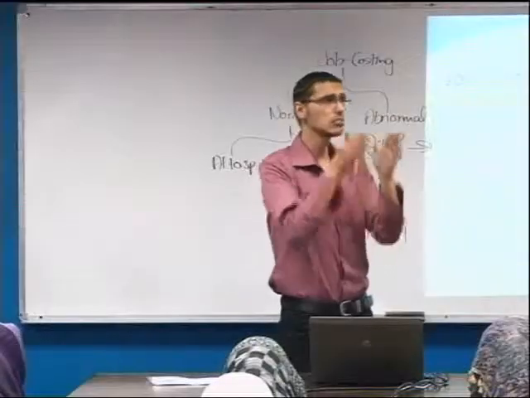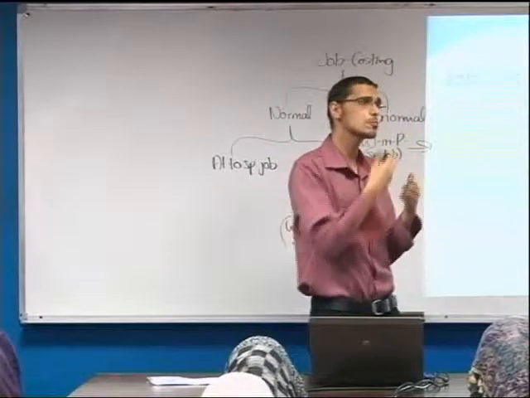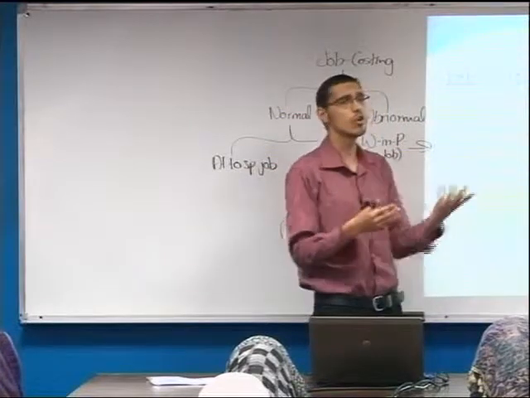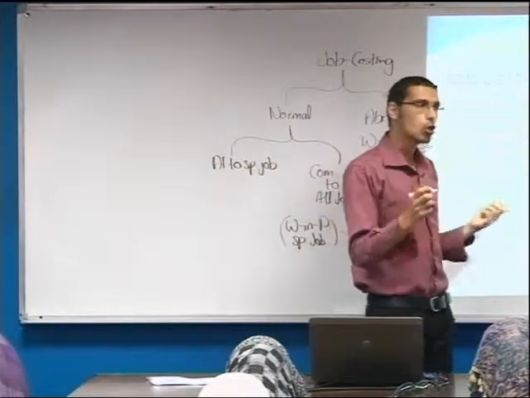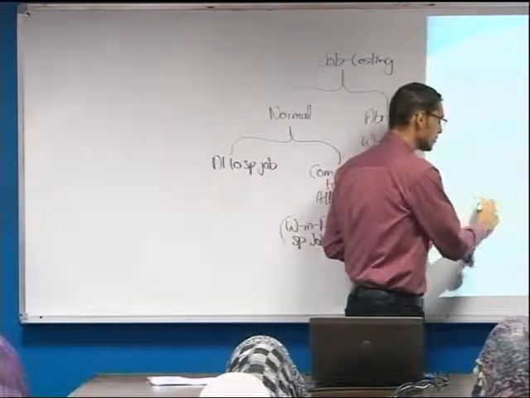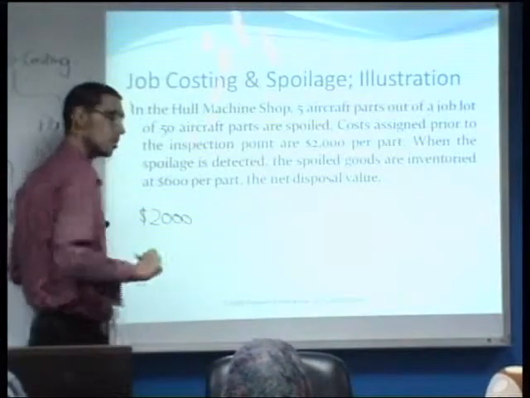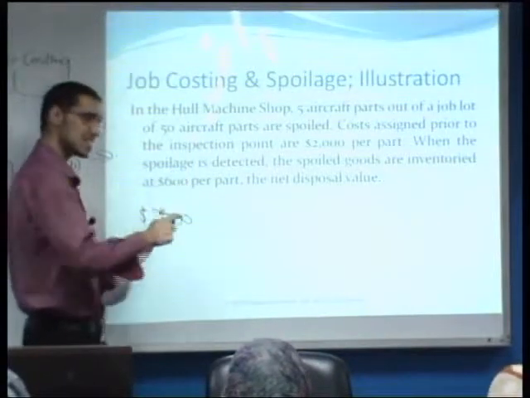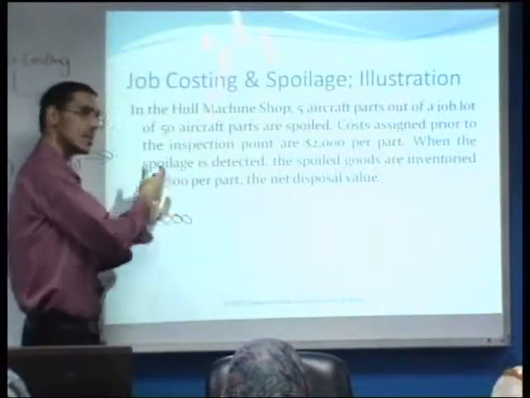What would we do to the cost of these spoiled units? Excellent. We are going to decrease the cost of these spoiled units by the disposal value, which is $600. Therefore, the cost is $2,000, correct? Per part. And now we have a disposal value of 600, which is a decrease in this amount.